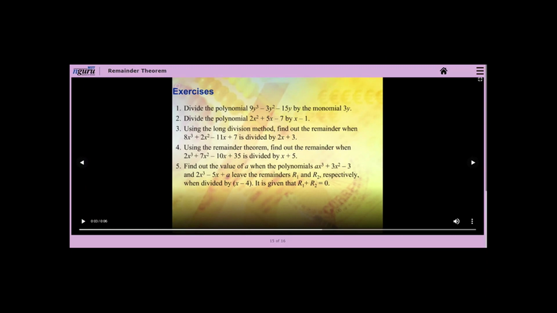Correct. Here, let me share the white screen with you. It was 8x cubed plus 2x squared minus 11x plus 7. You have to divide this by 2x plus 3.